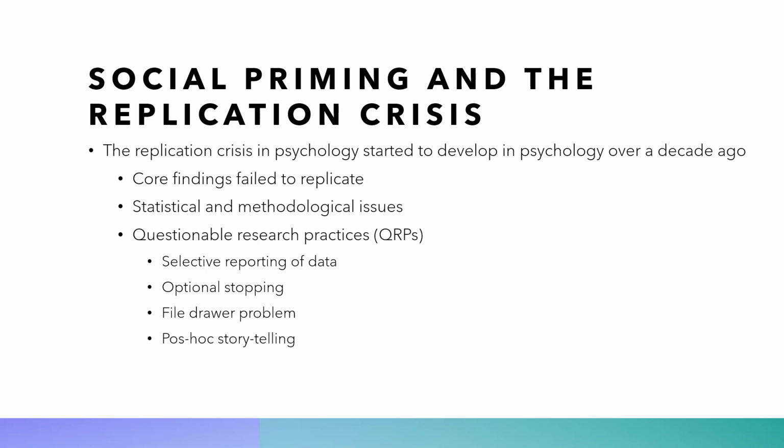Another questionable research practice is the file drawer problem. The file drawer problem refers to non-significant findings never being published. There has been this bias in most of science for people to only publish things that are interesting or new.